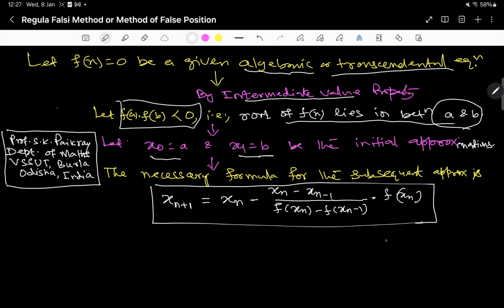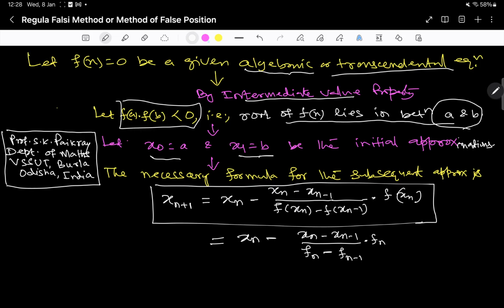That means, if I write xn, it is equal to xn minus x(n-1), and in short I write f of xn as fn and f of x(n-1) as f(n-1), and into fn.